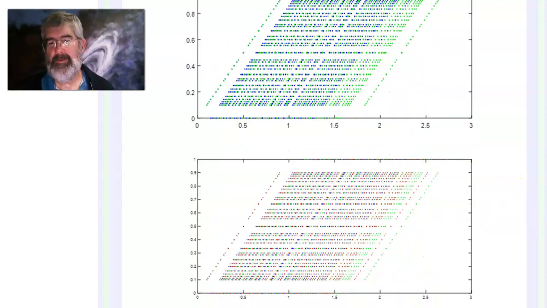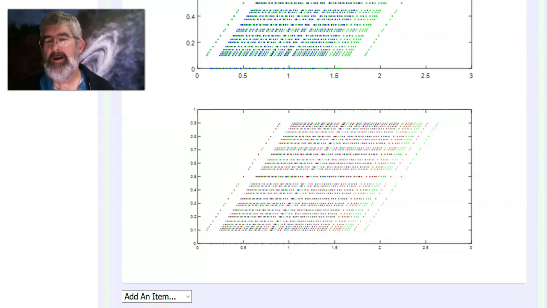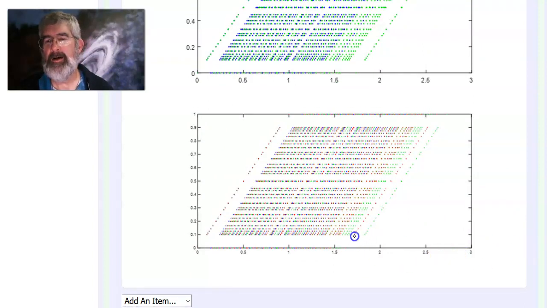Or then you could even throw in other points. The red ones are, I threw in the golden ratio, 1.618 something, right? And the red dots in there are the rational linear combinations of 1 and that number. But then this becomes immensely dense and completely discontinuous everywhere, right?